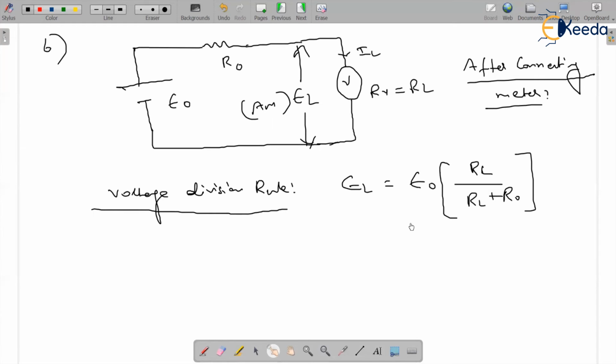So for EL, divide both numerator and denominator by RL. Dividing the numerator and denominator by RL, what we will get?